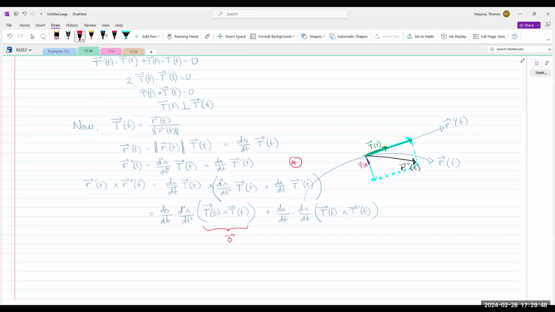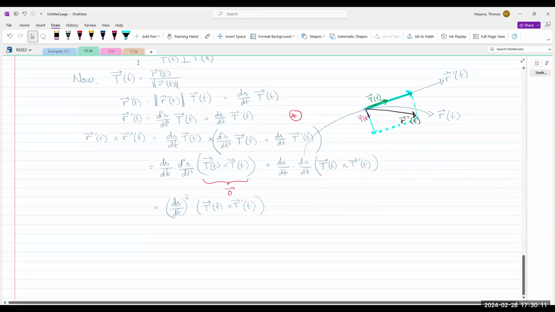Okay, so we end up with only (ds/dt) squared times the unit tangent vector at time t cross T prime of t. It doesn't look much better. Well, it's a bit better. Let's go on a bit further.